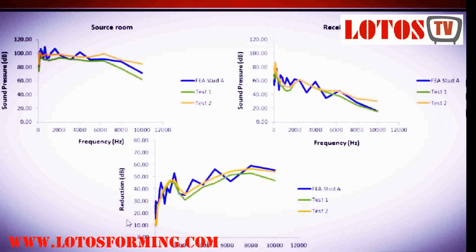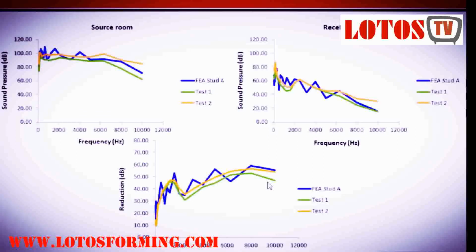This reduction indicates how the system performs in acoustic performance. You can see again the simulation result in blue curve agrees very well with the experimental data. This is for stud A.